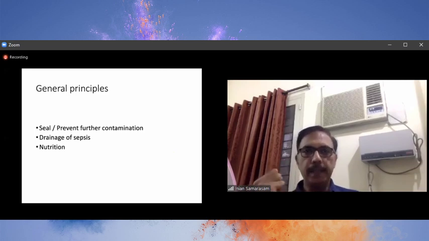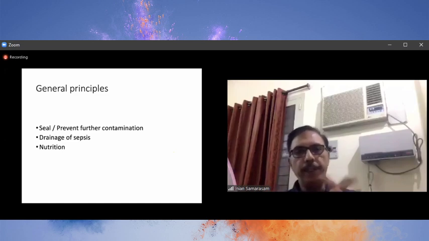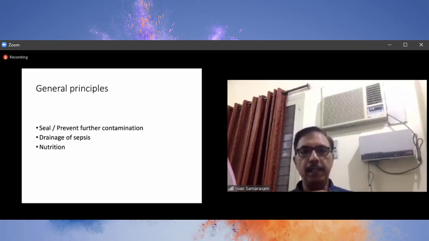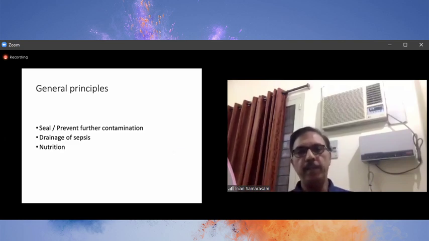And the general principles of how you manage it are like any other esophageal perforation. Firstly, you need to somehow seal, or at least it may not be a watertight seal, but at least prevent further contamination. Whatever it takes to prevent further contamination, you need to do.